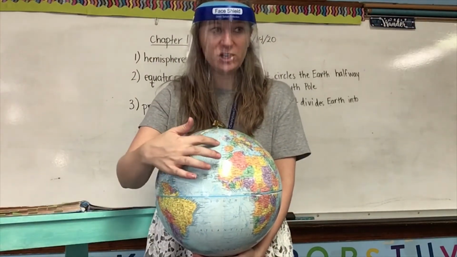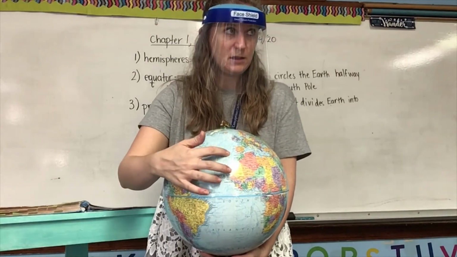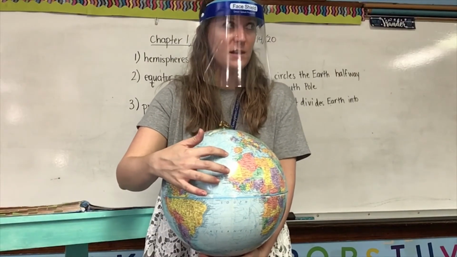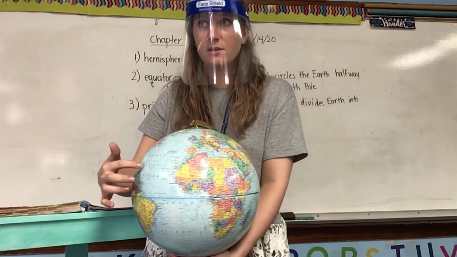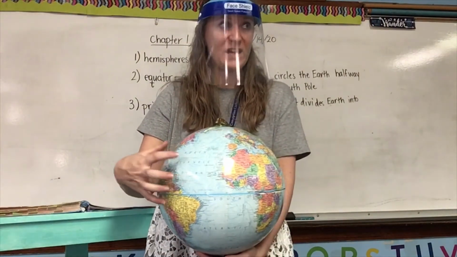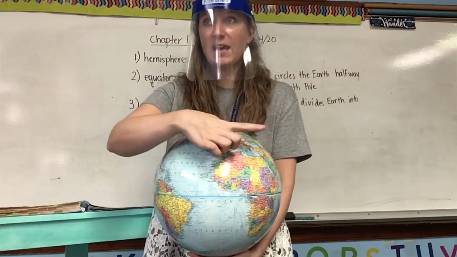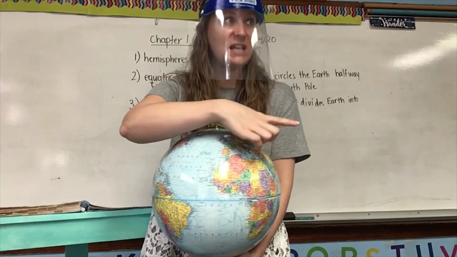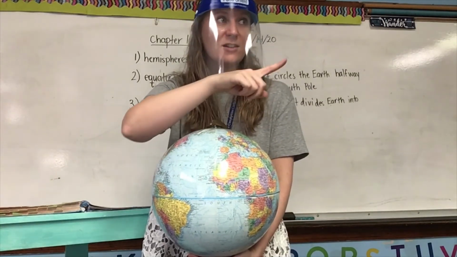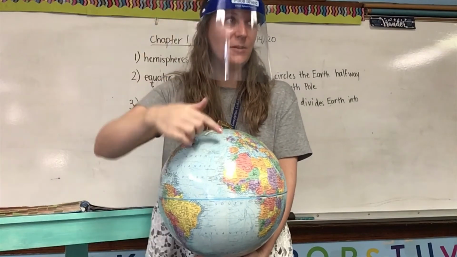When you look at a map, if you're looking to the left, you're looking at the west. If you're looking to the right, you're looking at the east. Yes, I think you have your hand raised? Oh.